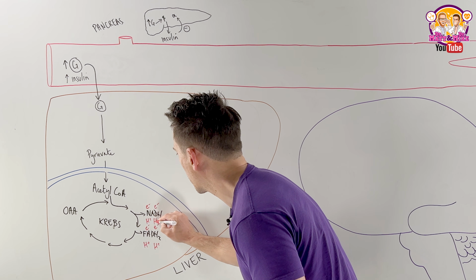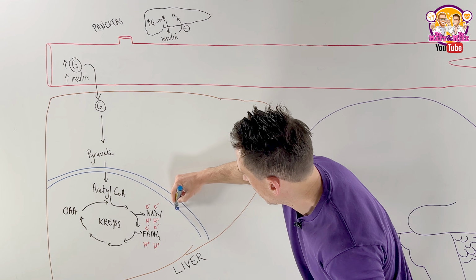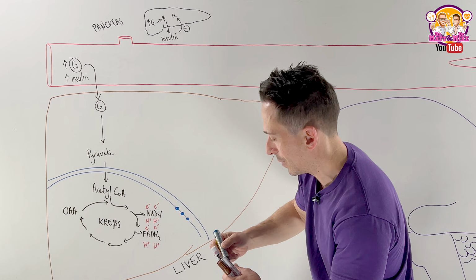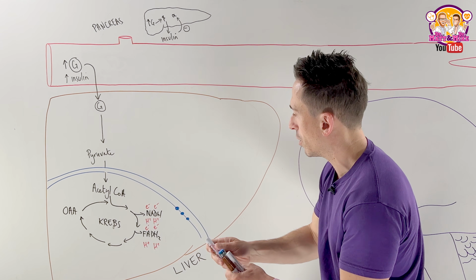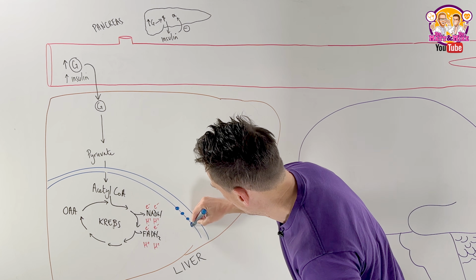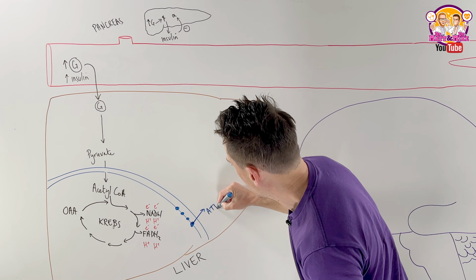And that's important because they hand those electrons and protons to the electron transport chain embedded in the inner membrane of the mitochondria, right? They play hot potato with the electrons, they pump hydrogen ions, and the whole point of all this is to produce a huge amount of ATP.